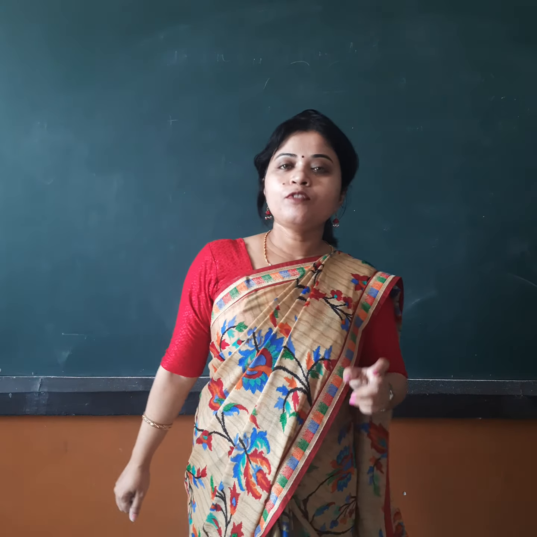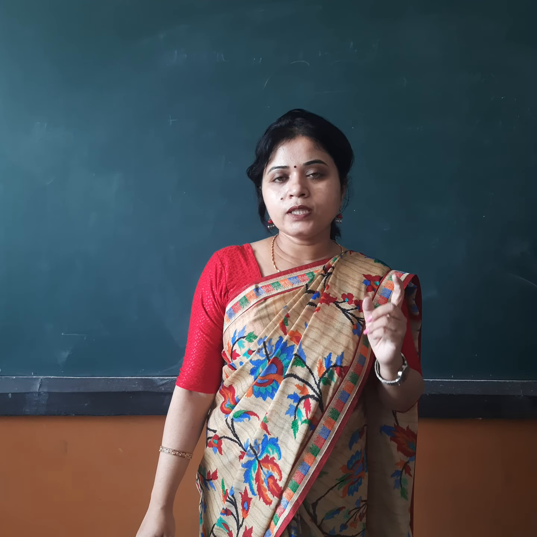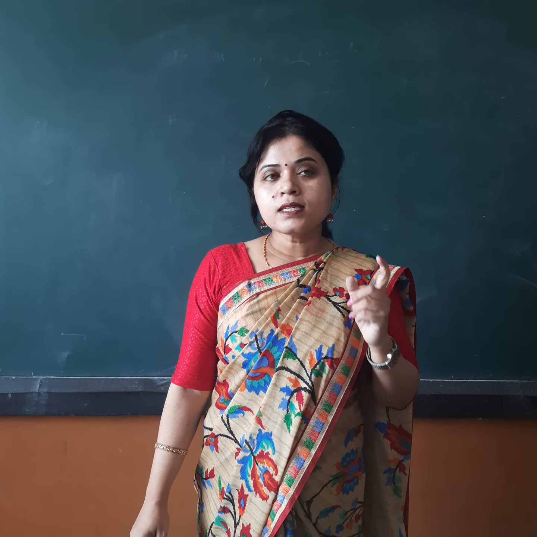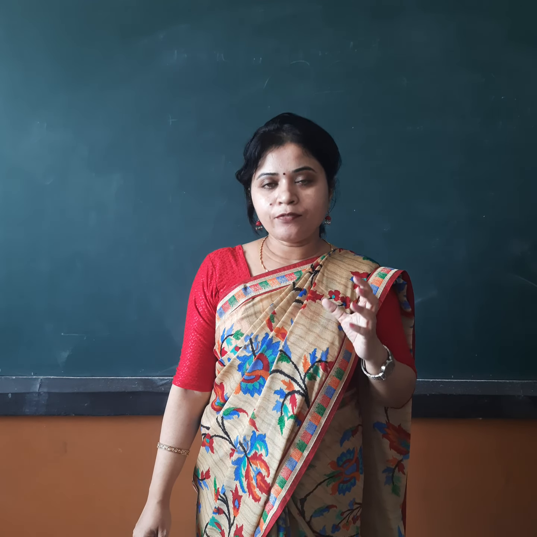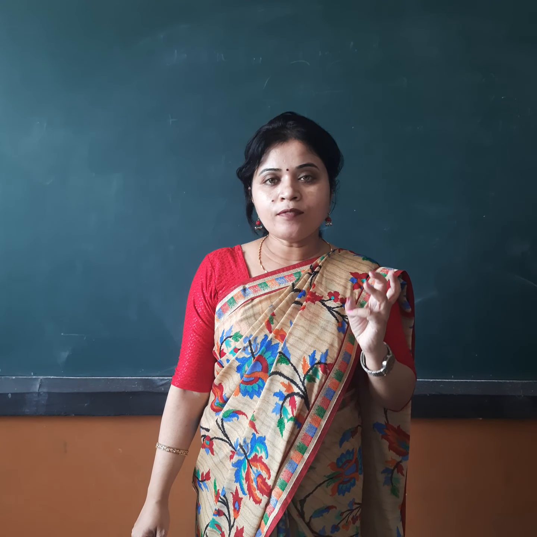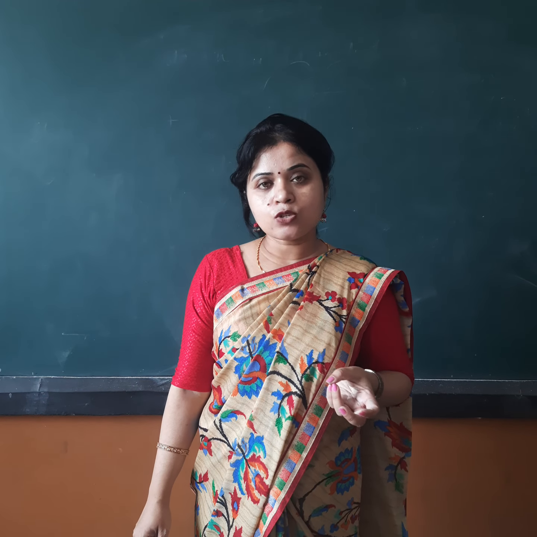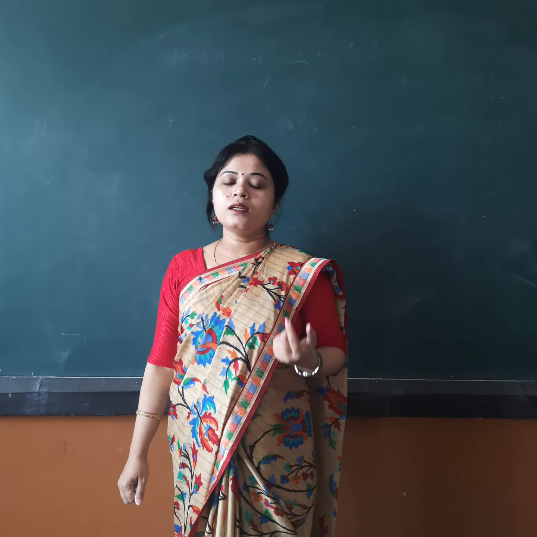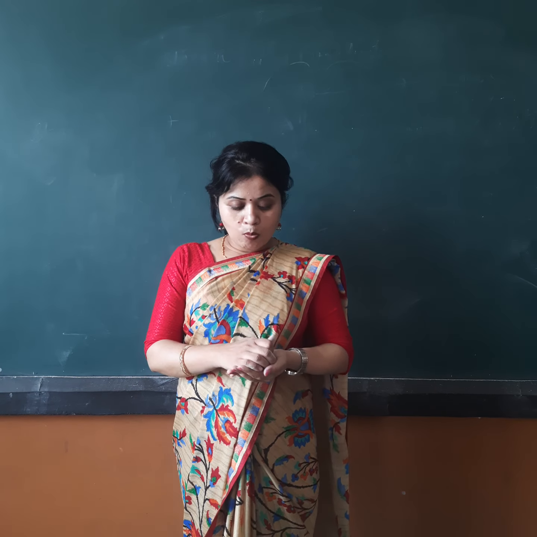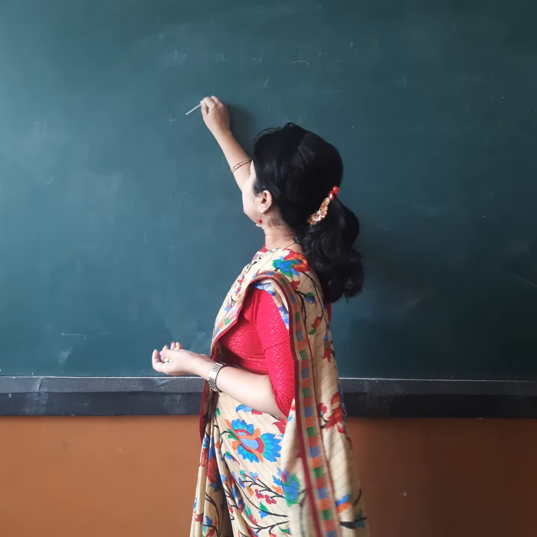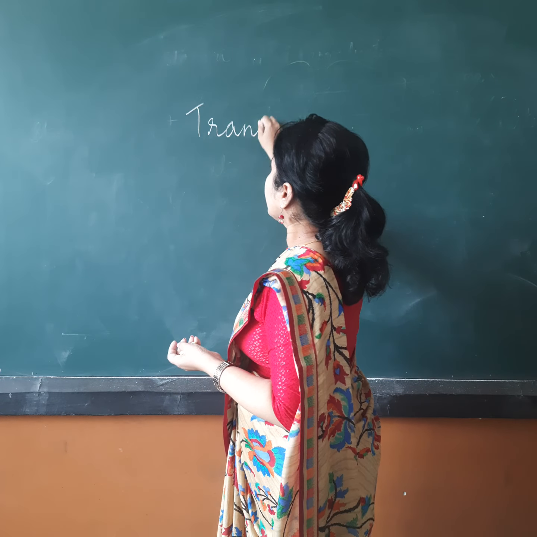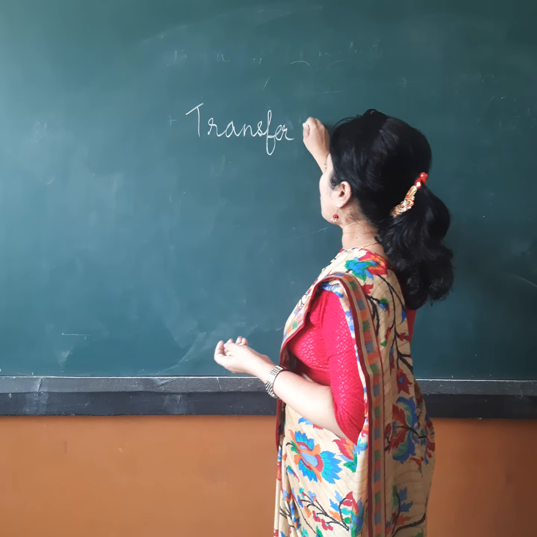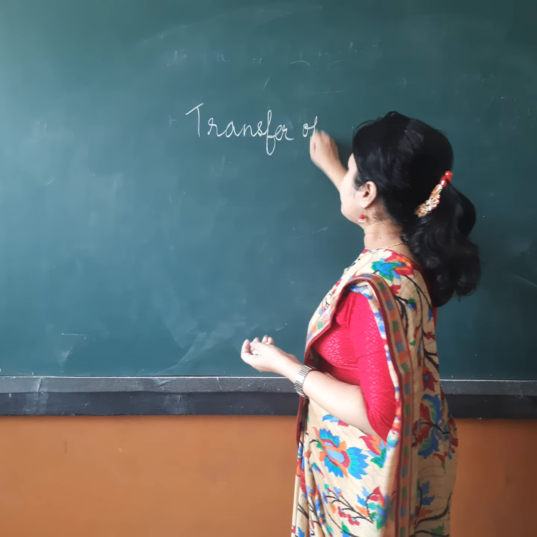Before we start with sexual reproduction in plants, some basic terms. You have learned about bisexual and unisexual flowers. Another basic concept to study here is pollination. Pollination is the transfer of pollen. Where is the pollen present?